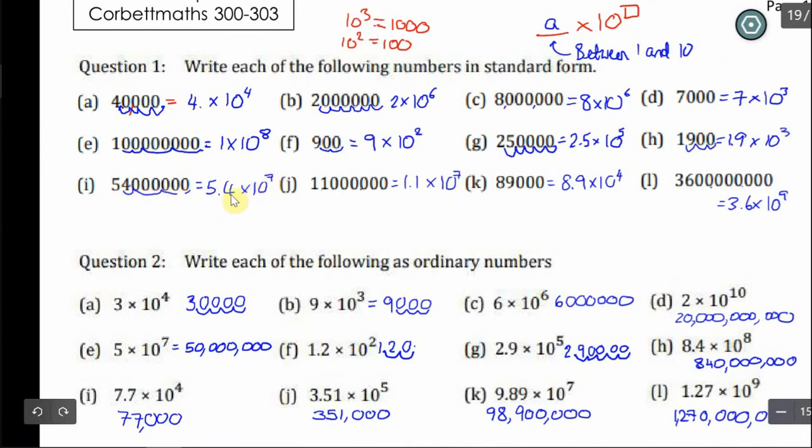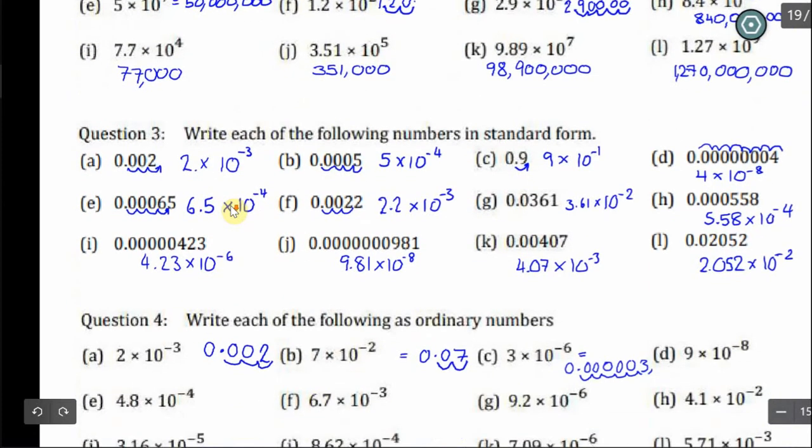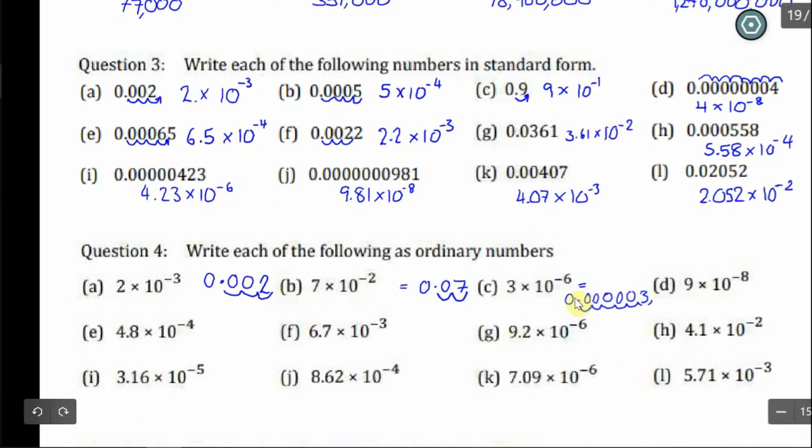That's because the 4 takes up one of those places of a 0. But on the negative ones, the number of zeros is always the same as the number in the power. So this one, because we include the units digit as well, this one would have 8 zeros. So 1, 2, 3, 4, 5, 6, 7, 8. There's my 8 zeros, and then I put my number.